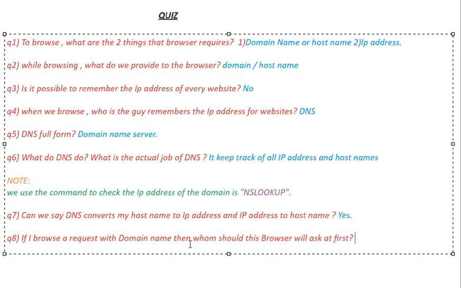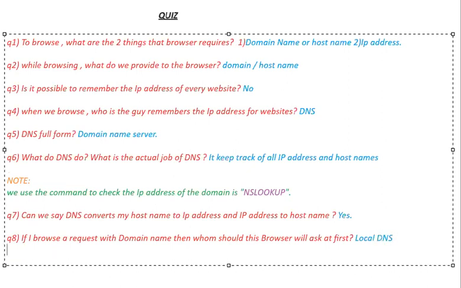So whenever I'm requesting a domain name, whom should my browser ask? I hope you answered this question. The answer for this question is local DNS. At first, it will ask the local DNS.